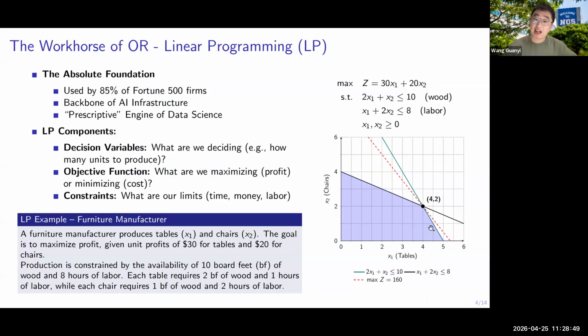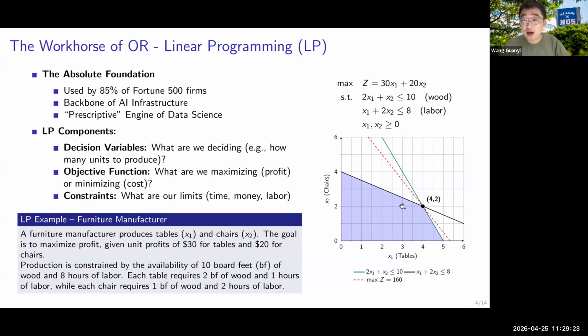But we notice that what we want is to look for the best objective value. So every point in the shaded part will be a choice, a legal choice, a feasible choice. So we keep the direction of this red line unchanged and try to move this red line within this shaded part.